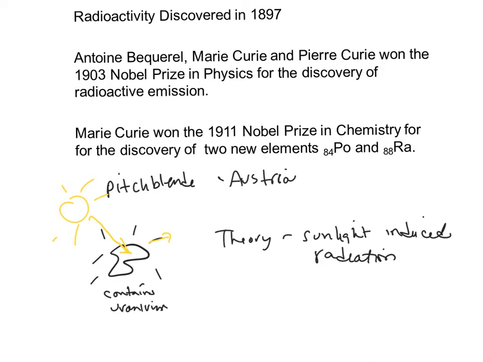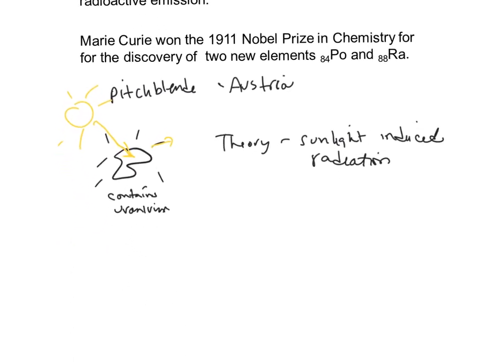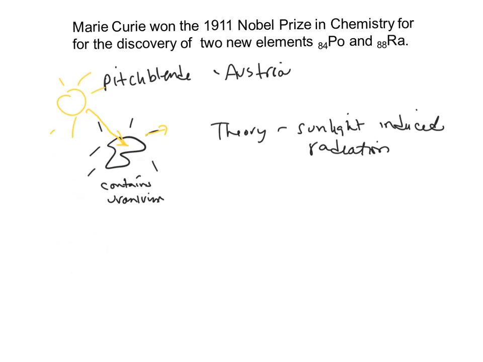That was the theory. It turned out that it was bad weather during a certain week when he was studying this material in Paris, so he couldn't study the effect of sunlight on it. He covered this rock with black cloth, put it in the drawer on top of the photographic plate, which he was using to record the radiation, and took off for a week.